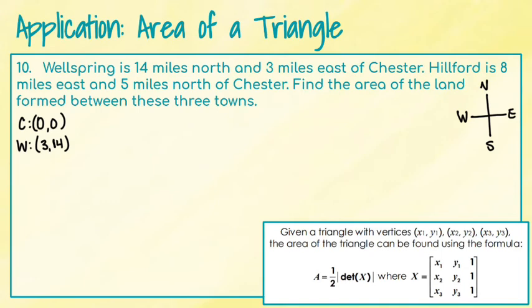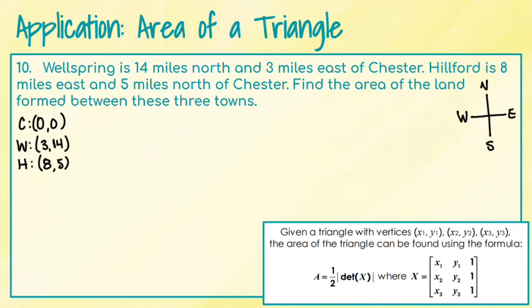So then it says Hillford is 8 miles east and 5 miles north. So again, we're going north and east, so both of these are going to be positive. The left to right direction goes first, so it's 8 miles east and 5 miles north. So we now have 3 coordinate pairs to be able to use in our determinant, or in our area formula, I guess.